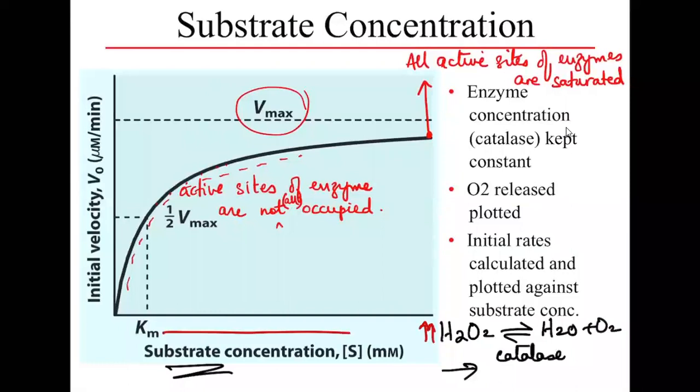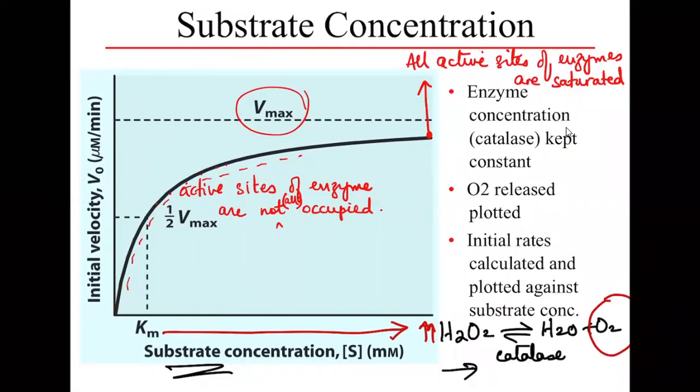As we move from left to right, the substrate concentration is increasing. The enzyme is of constant concentration, and the product being formed is oxygen gas. Amna, this question is for you. Why has the initial velocity of the reaction been plotted on the y-axis and why not the entire velocity? Why is initial velocity plotted here? Any idea?